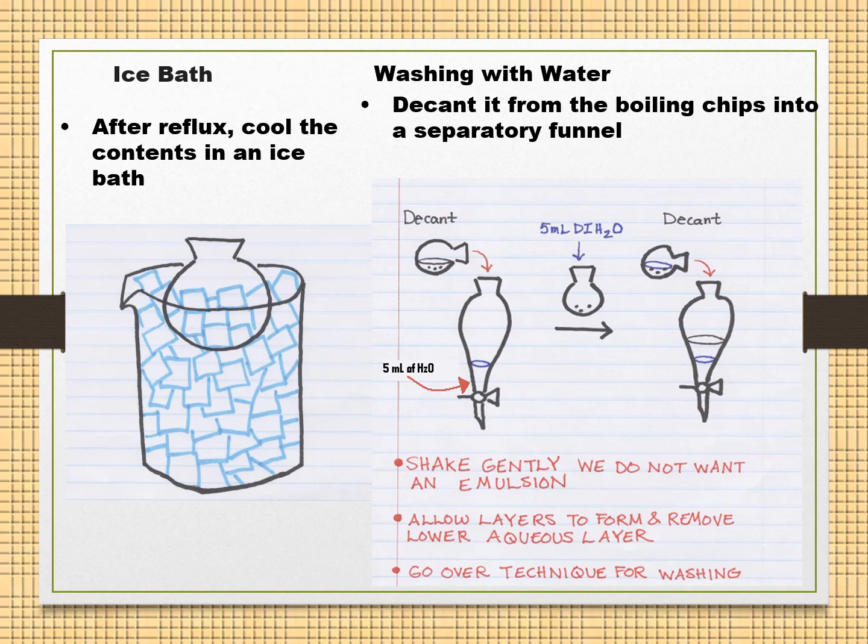Certainly there may be some traces remaining in the flask along with the boiling chips, so you can add 5 milliliters of distilled water into the round bottom flask, rinse the flask, and add that water into the separatory funnel, and try to shake it gently so that the washing will be effective.